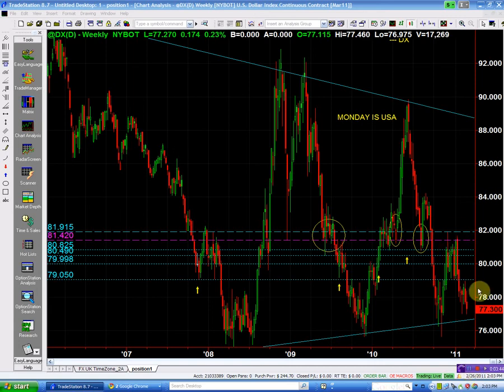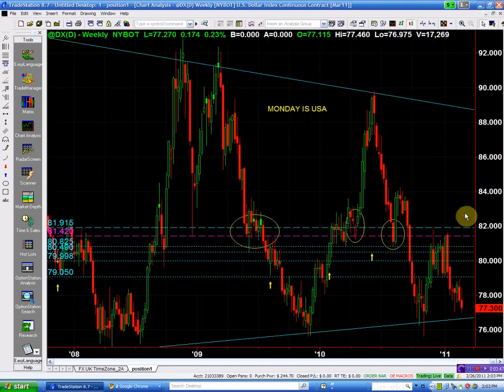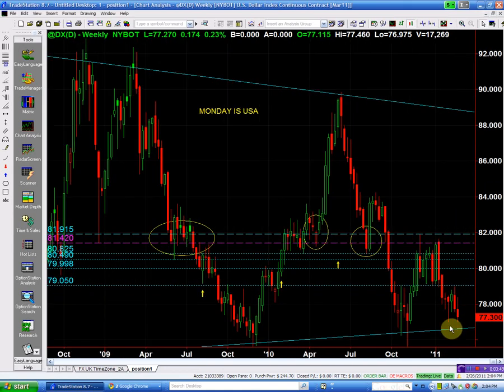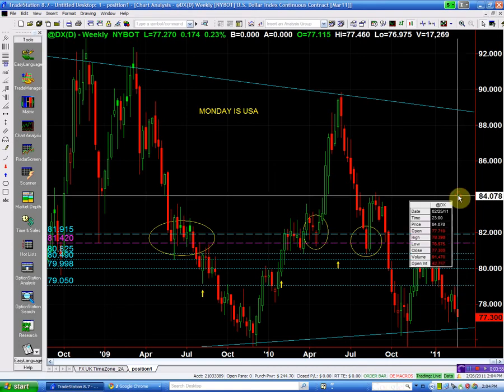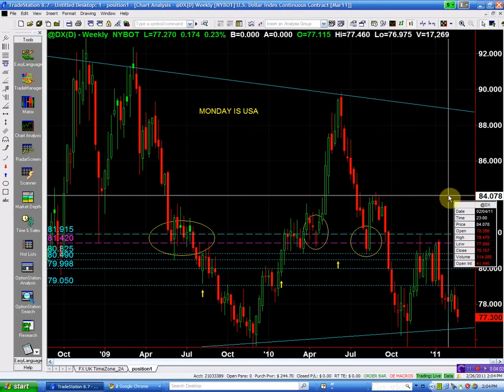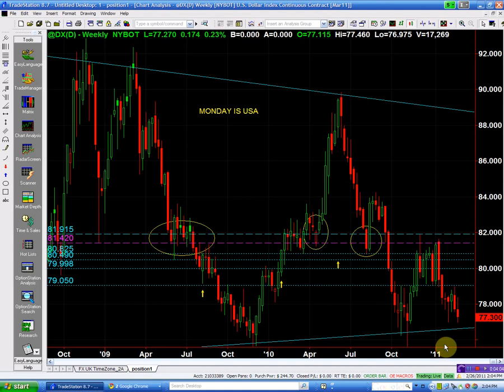You can see on the weekly chart, the dollar had a pretty weak trading week. It put a low of 76.97, and it actually did break the low of this week, and it closed the week at 77.30. This is quite a weak close, and we should be looking for a continuation to the downside.